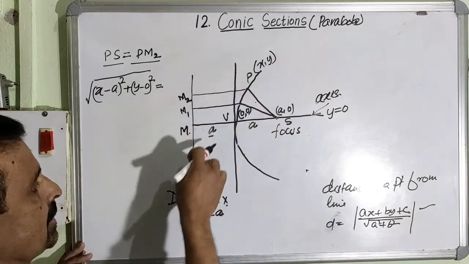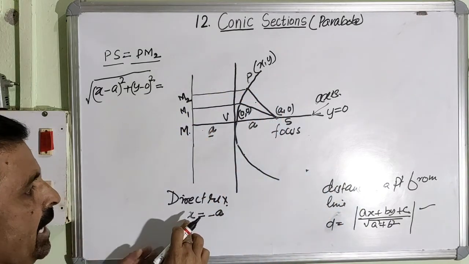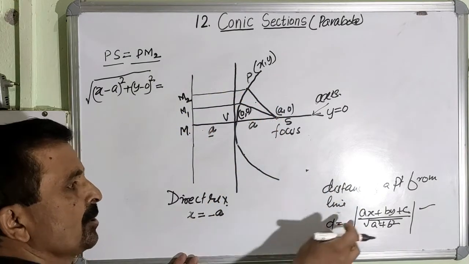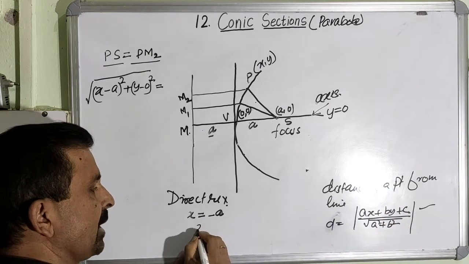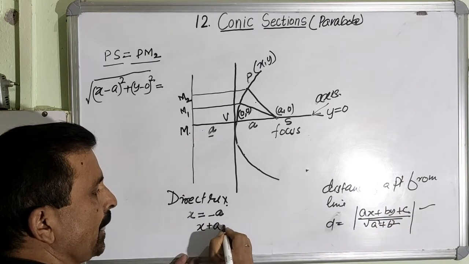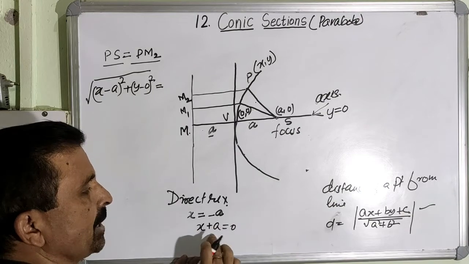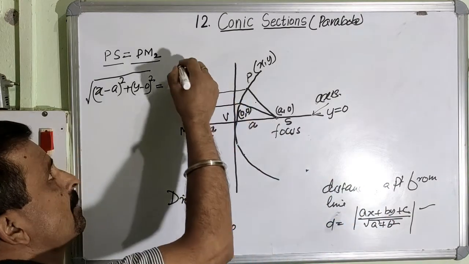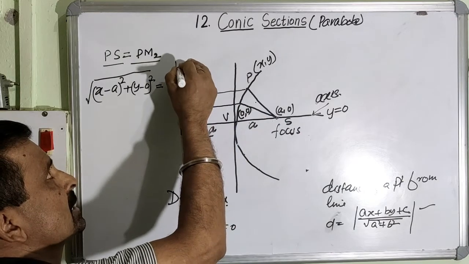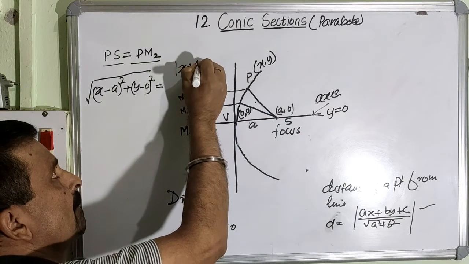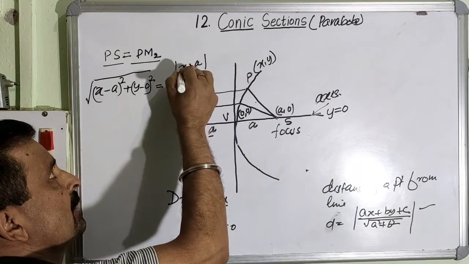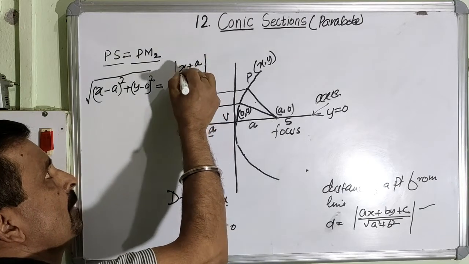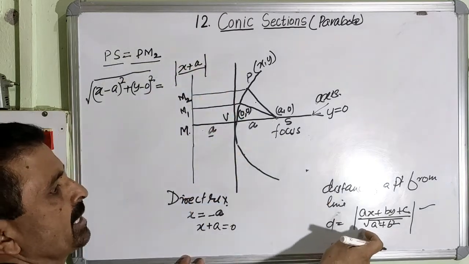Here the directrix equation is x is equal to minus a, right? To write it in this form, we can write this as x plus a is equal to 0. Now this becomes the equation of your line. So we replace it in the numerator as x plus a, and in the denominator we have a square plus b square.